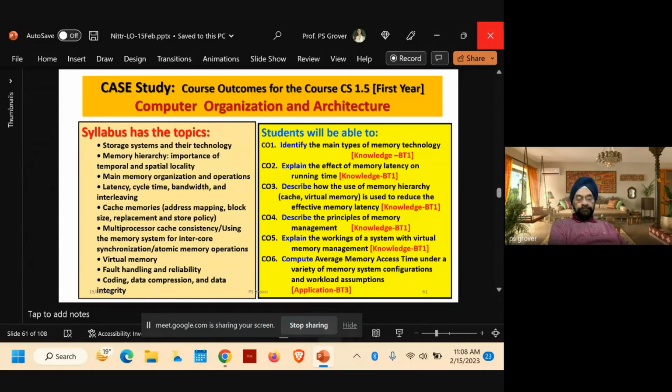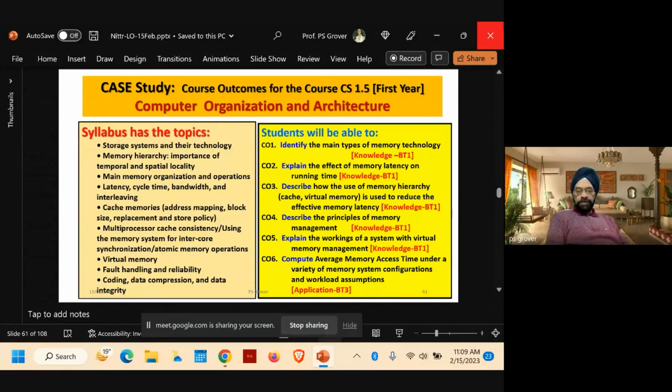Now, normally there are 4, 5, 6 course outcomes, depending on the syllabus of a particular course; we design course outcomes.